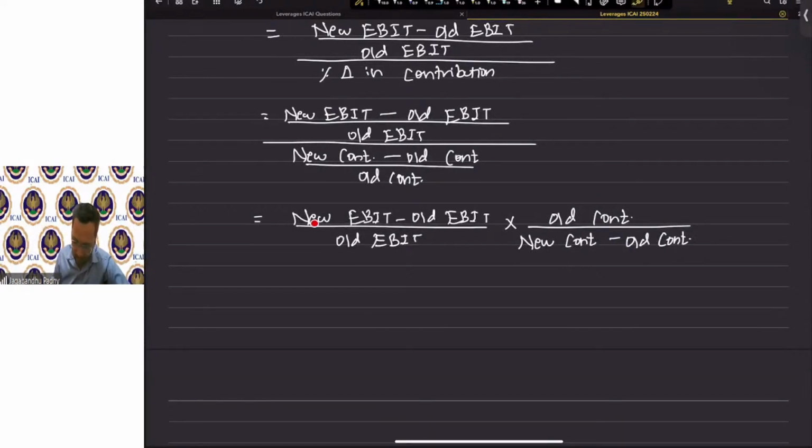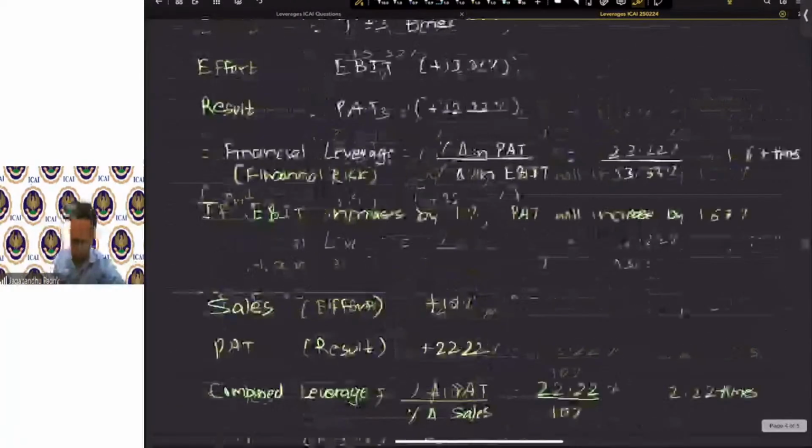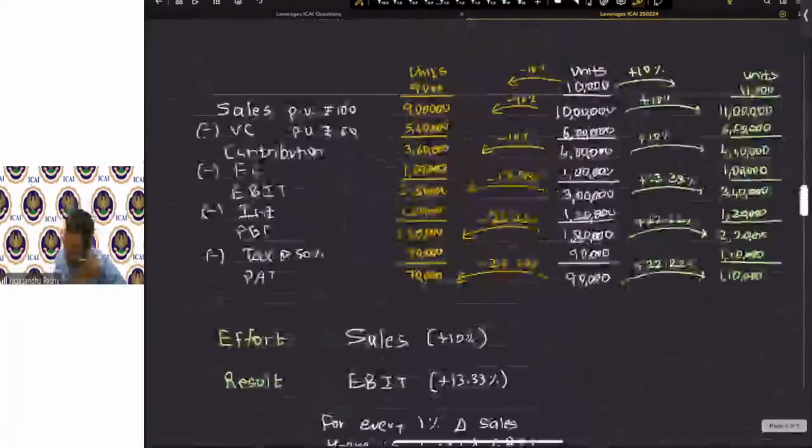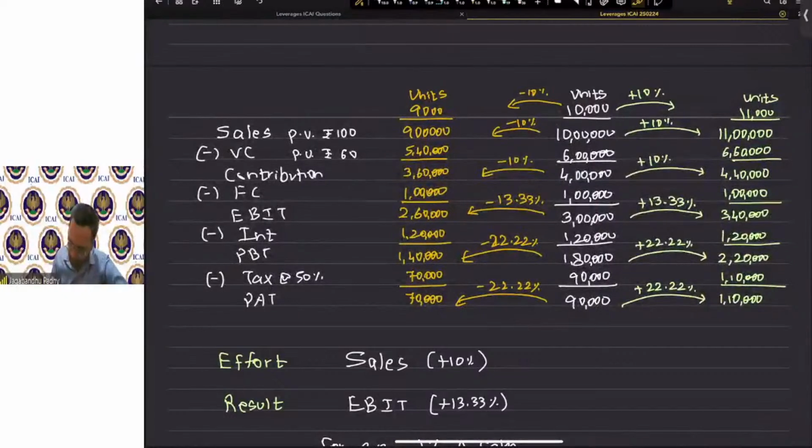Now, if you find the difference between EBIT and the difference between contribution, look at the numbers. The difference in contribution, 4 lakh and 4 lakh 40, it is 40,000. Difference in EBIT, 3 lakh and 3 lakh 40, it is 40,000. Amount of difference is constant for both the cases, be it the difference in contribution or the difference in EBIT.